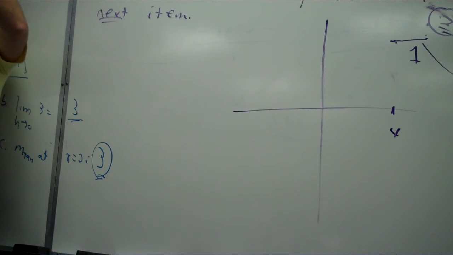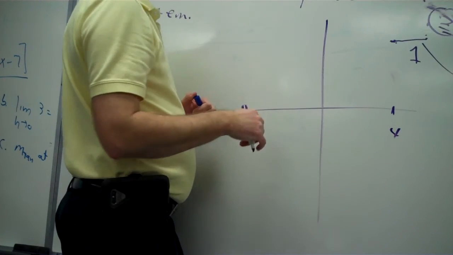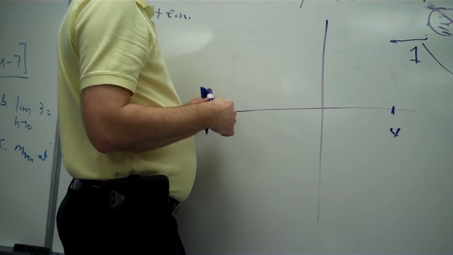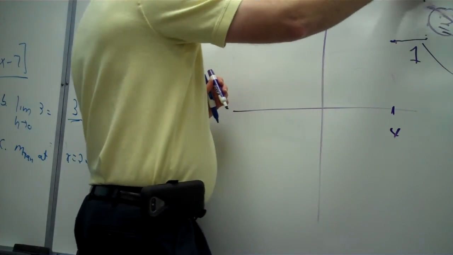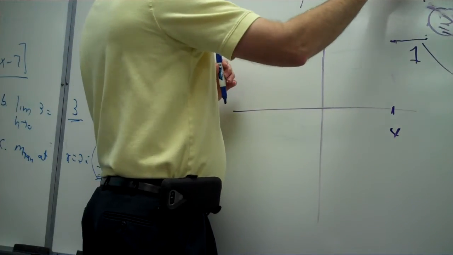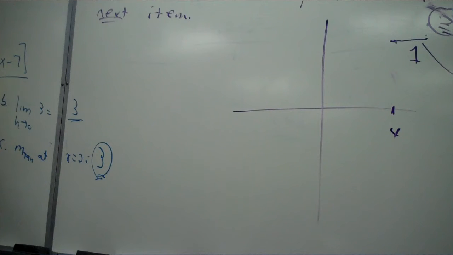Over 1, up the slope. Over 1, up the slope. So if we go over 1 in the input, we go up $2 million. So the cost for every 1,000 we produce goes up $2 million from the point where we've already produced 4,000.